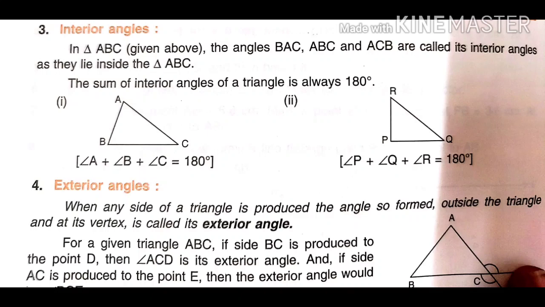Check figure 1. Angle A plus angle B plus angle C is 180 degrees. What is the name of this property? The name of this property is the angle sum property. Whenever you add all three angles of a triangle, it will always come to two right angles. Two right angles means 180 degrees.